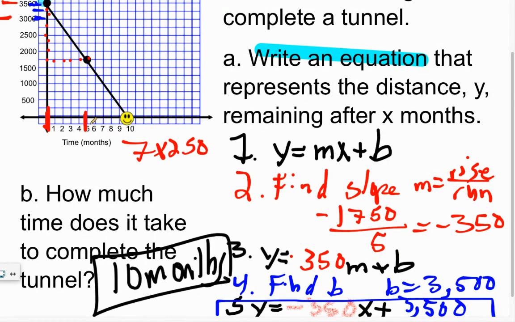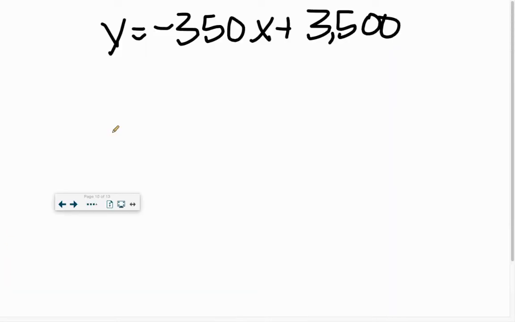However, if you needed to do the work, let me insert a new page and we can show you how to do that. If we can't see it here in the graph, we can't see the x-intercept where there's nothing left to complete or work on, then we'll have to do a little bit of math. Taking our equation from part A, when we want to figure out when it's finished, what's left over is 0.